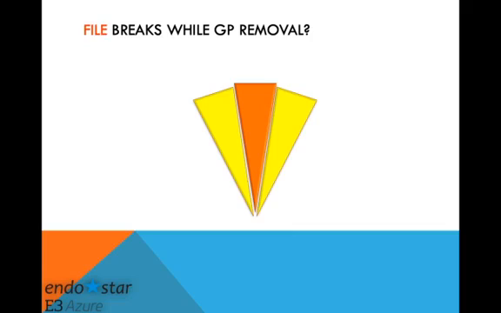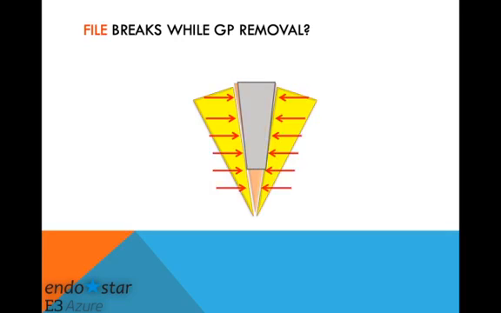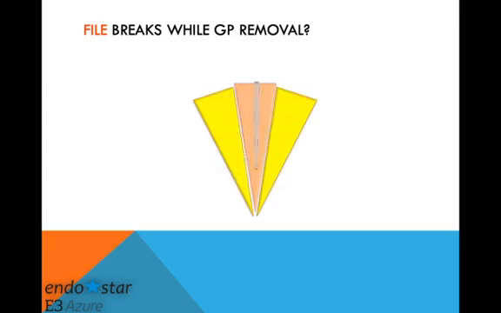Now, we need to understand that whenever we have a case which is obturated, and if we are using rotary files for gutta percha removal, there is a lot of resistance from the gutta percha and the hardened sealer, because practically there is no glide path. As we all know, rotary files need some kind of glide path. So in an obturated case, there is no glide path.